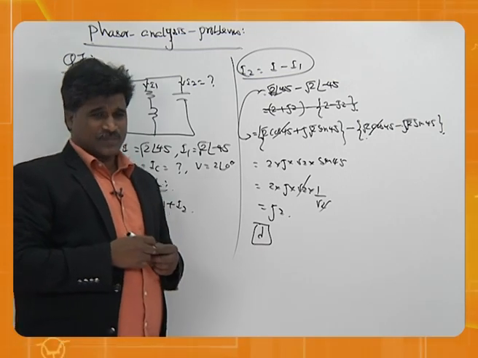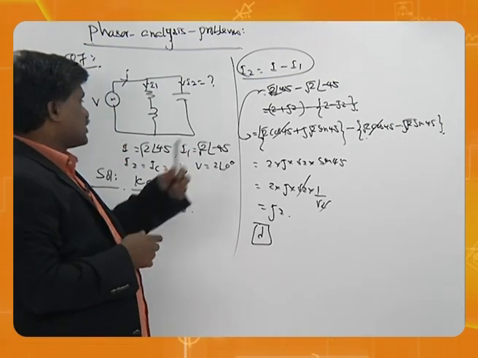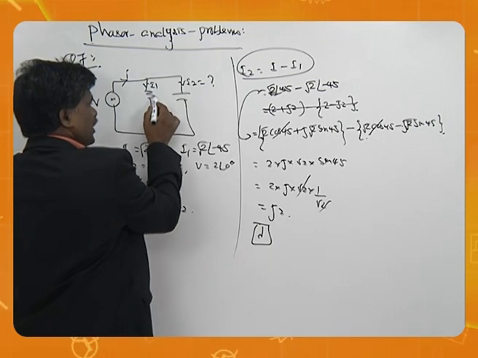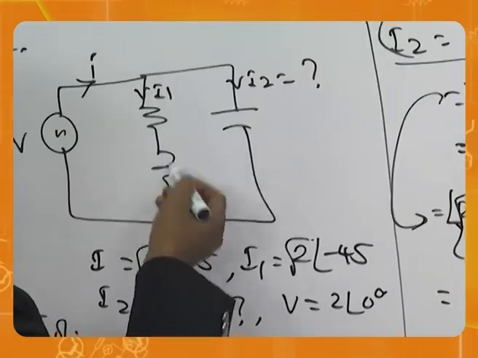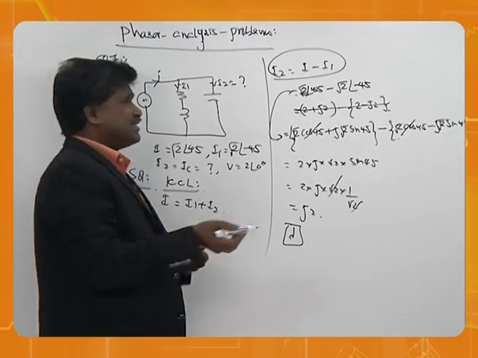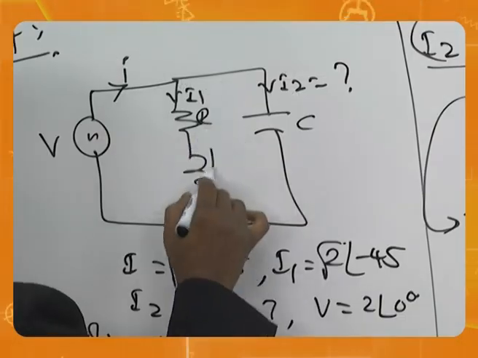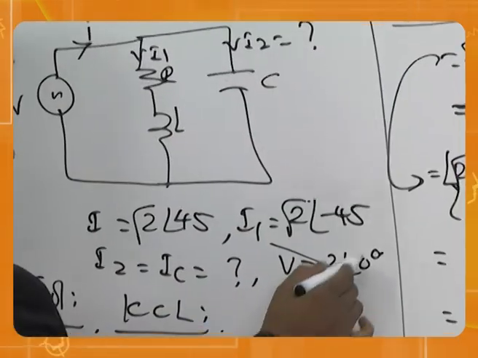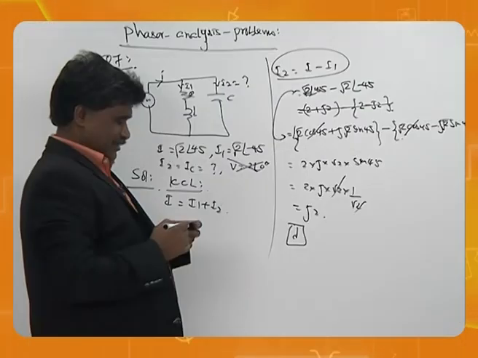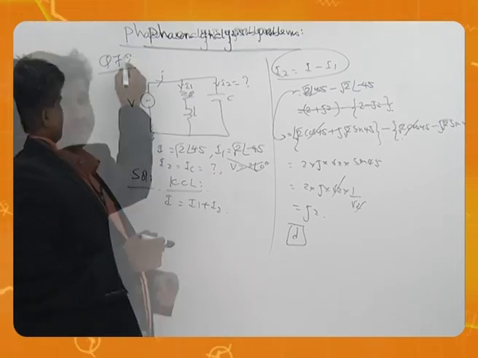This is how you need to solve. That's why he has not given the values of all the elements. They are not required. Somebody looking at these things may say the question is incomplete. The question is not incomplete because they are not required. In fact, this value is also not required. Simply conversion.